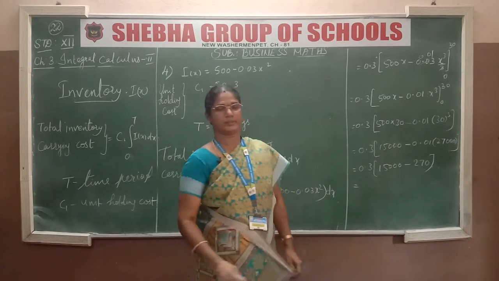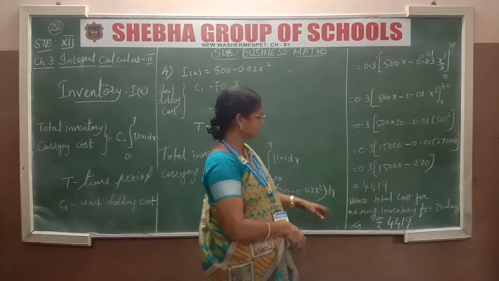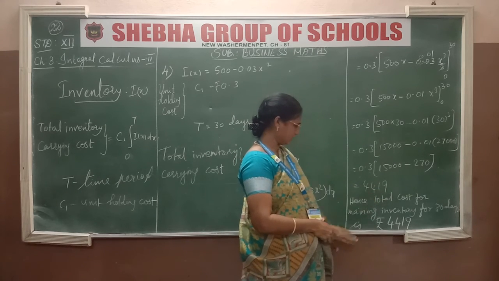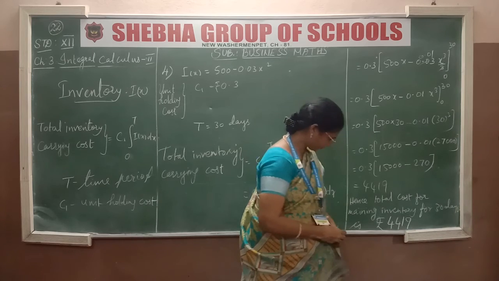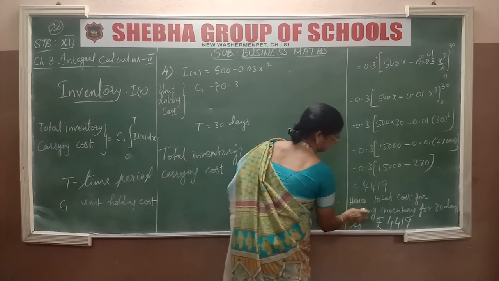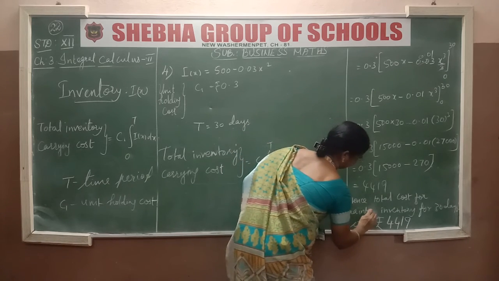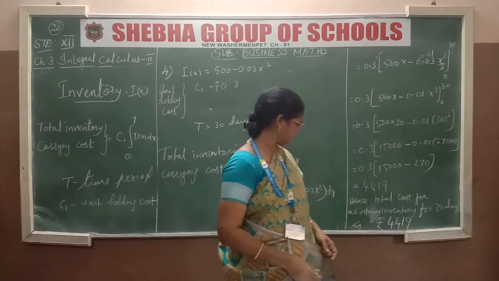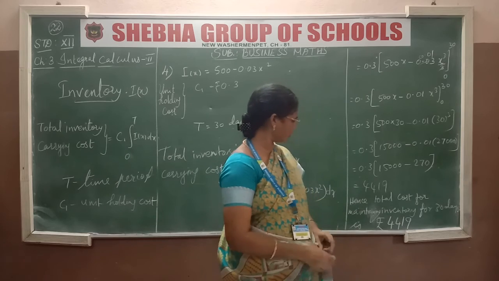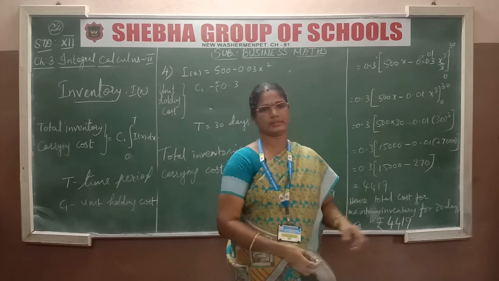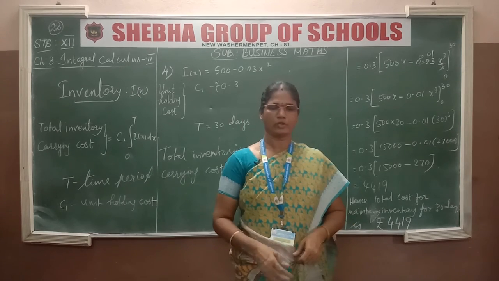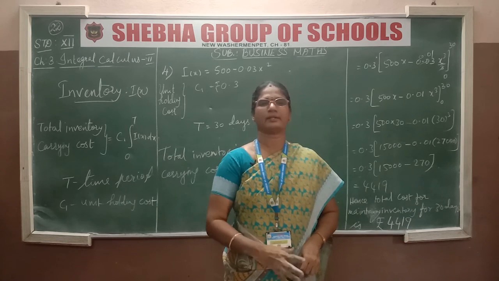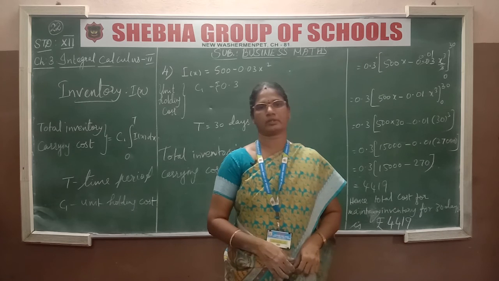So after the calculation we get 4419. Hence the total cost for maintaining inventory for 30 days is rupees 4,419. That's all. I hope you all understood today's class and revise all the examples and do one time in your classwork. Thank you, students.